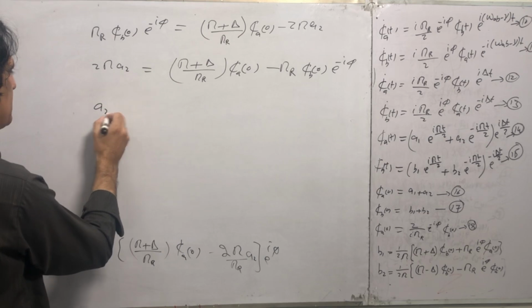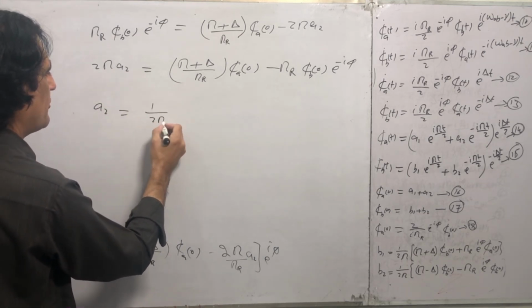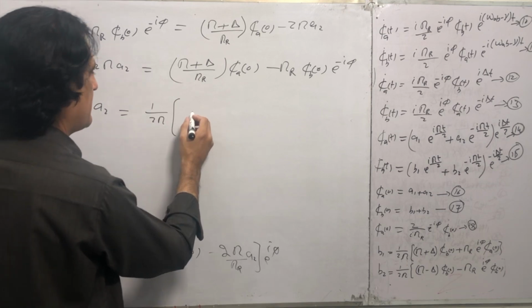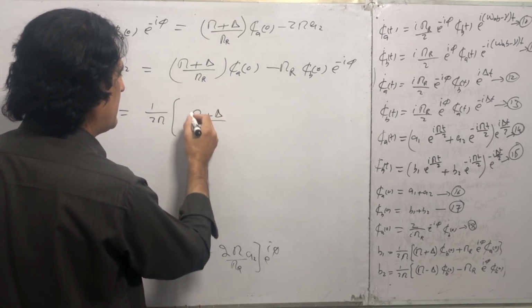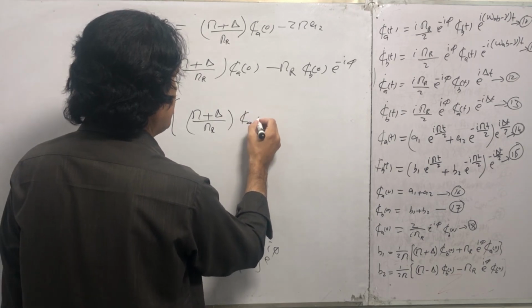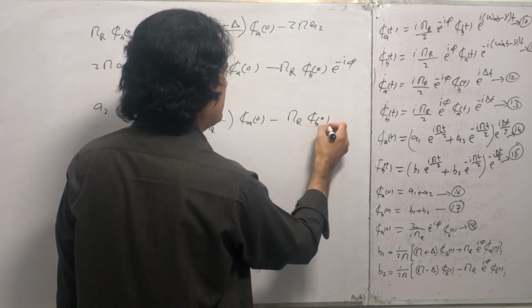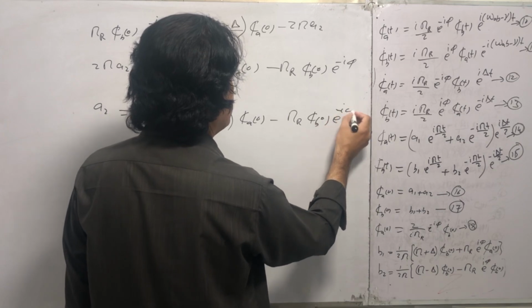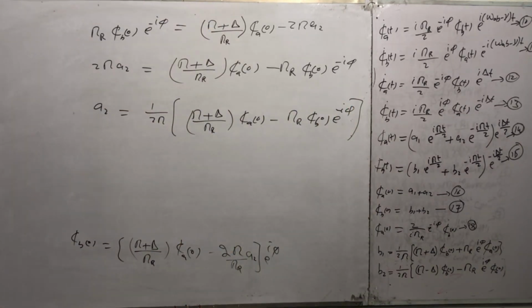And further, A2 will be equal to 1 over 2 omega times omega plus delta divided by omega r CA of 0 minus omega r CB of 0 and e to the power minus iota phi. So this is the value of A2.